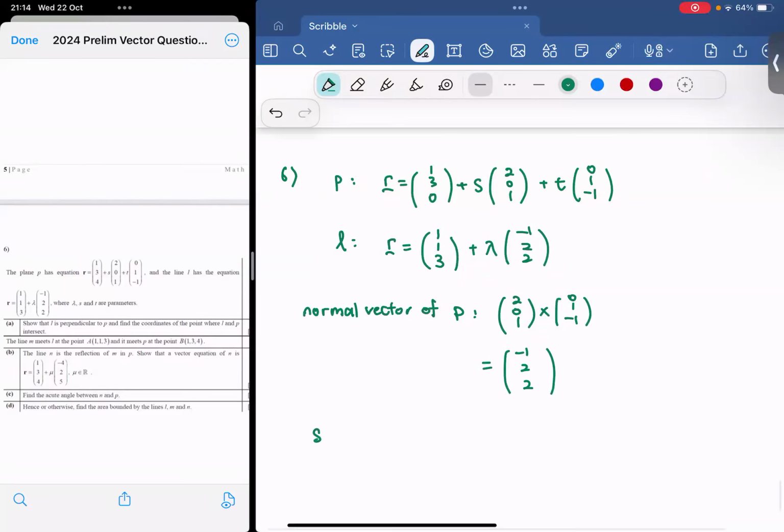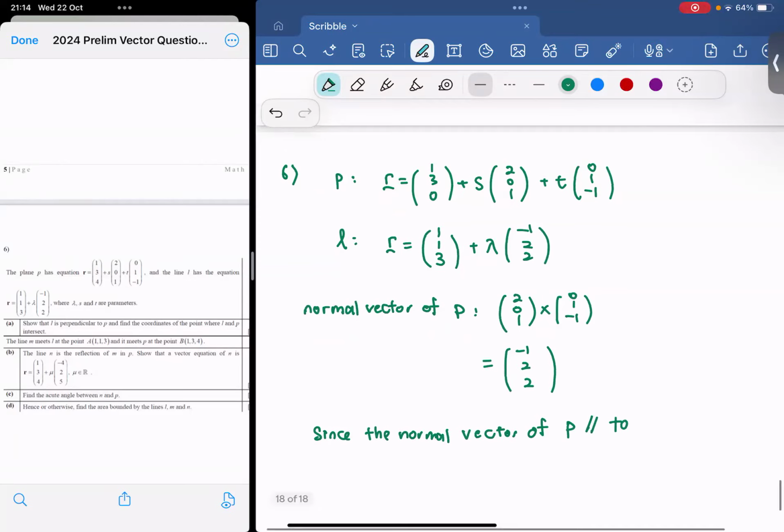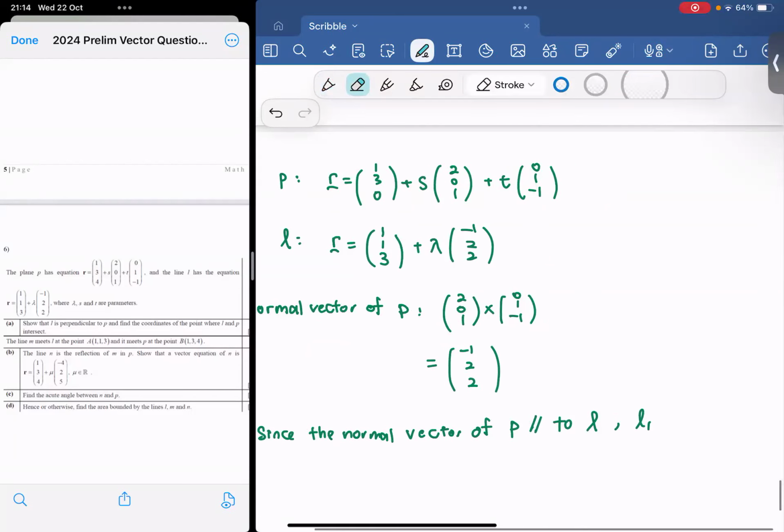Since the normal vector of P is parallel to the direction vector of L, L is perpendicular to P.